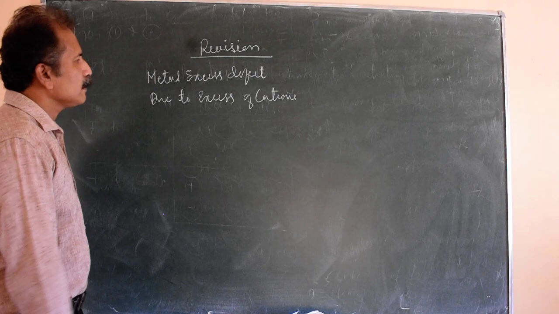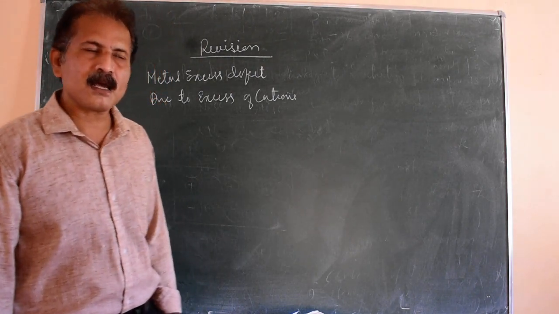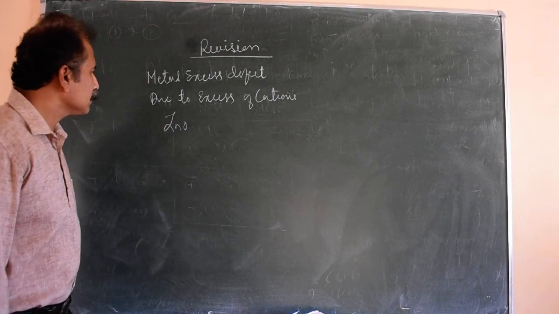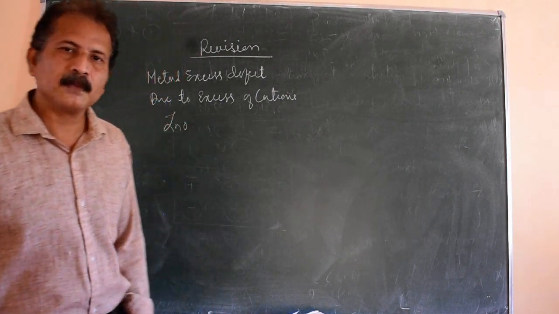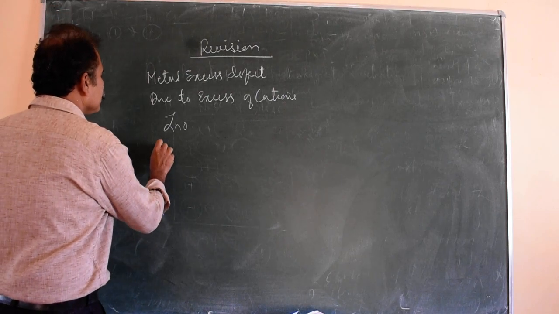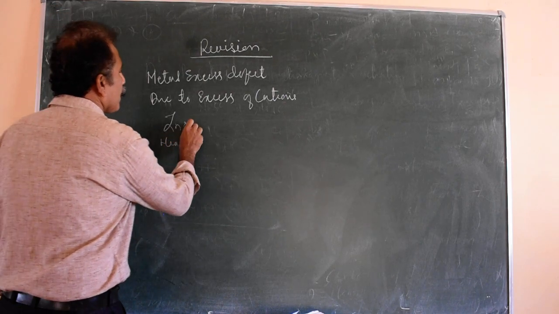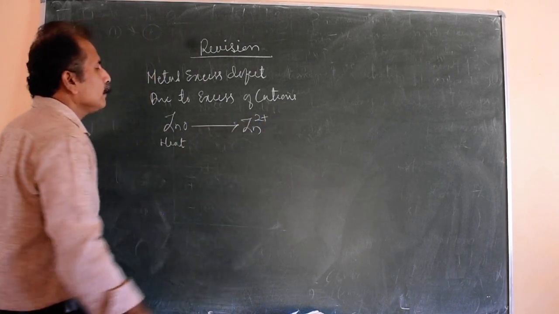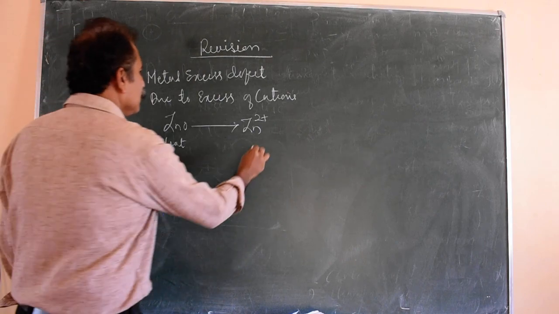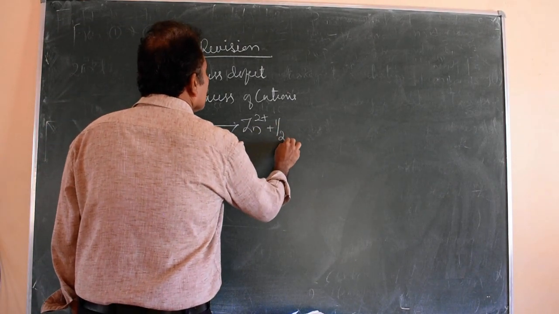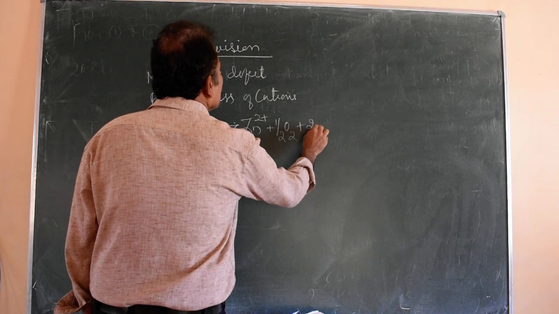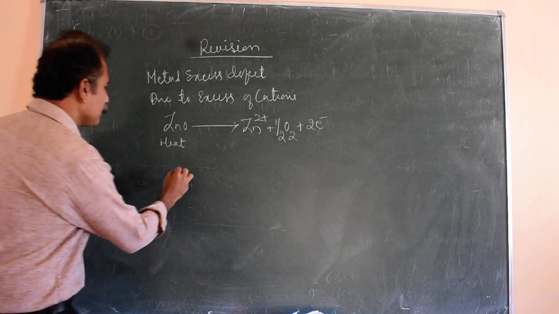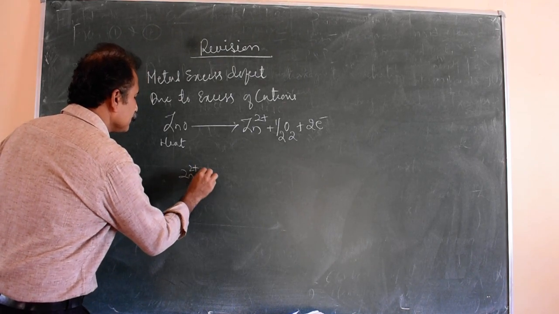Now this again is explained using the example of ZnO, zinc oxide, which is white in color. When you heat this, you will get zinc ions plus oxygen.